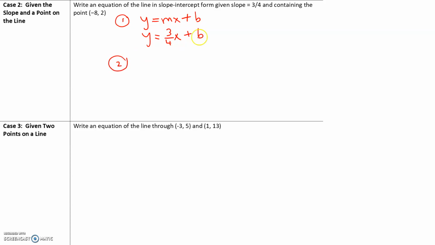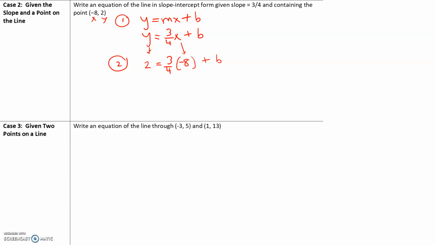In order to solve for b, we need to replace the y with the y value and the x with the x value. The x value is -8 and the y value is 2. So we replace the y with 2 and we replace the x with the corresponding x value, which is -8. And this will give you plus b.